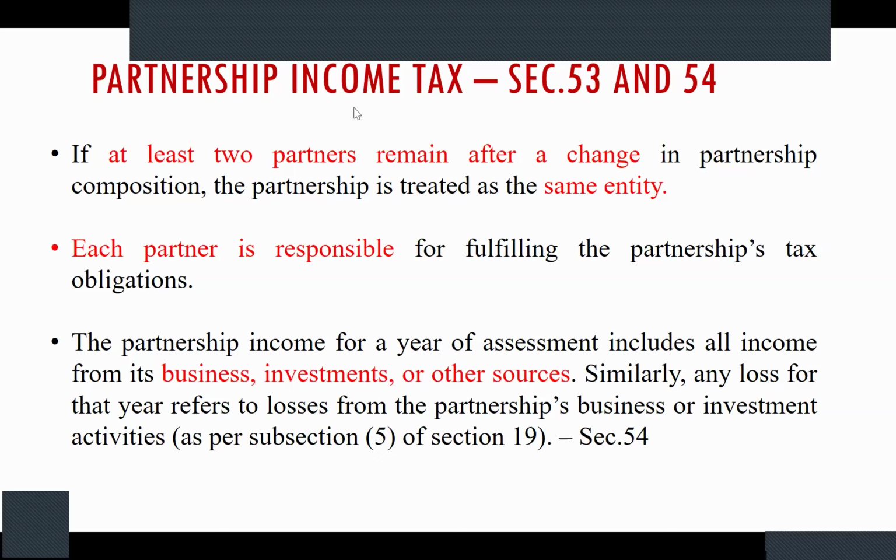So if still 2 partners remain after that change, then we can consider that the partnership is still the same entity. That means the previous 2 partners are still there after changing the partnership composition, so we can consider it the same partnership. Otherwise we have to dissolve that partnership and start a new partnership.